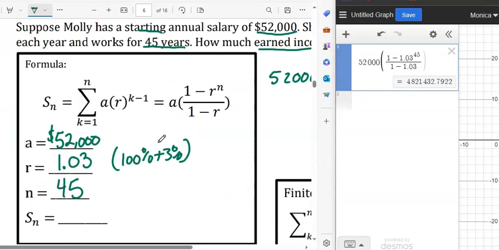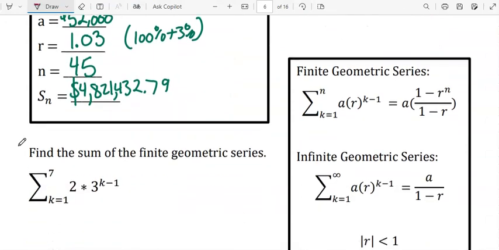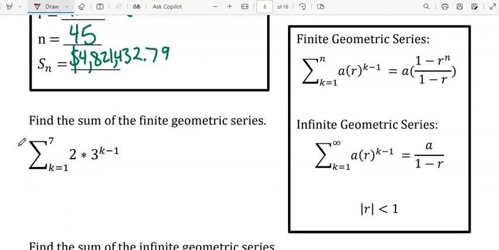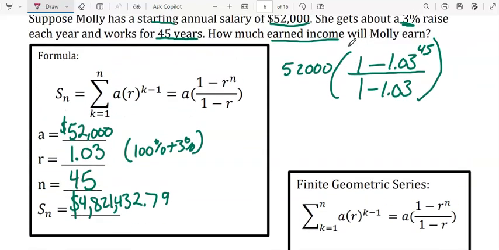And then we'll round to 2 decimal places to get $4,821,432.79. So this one was a finite geometric series.